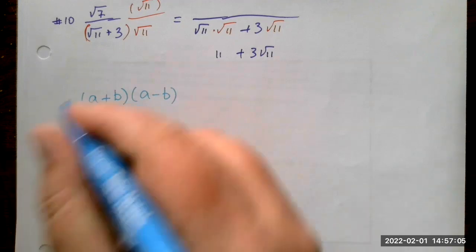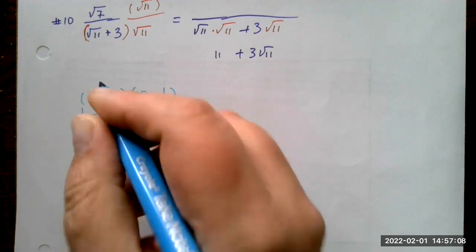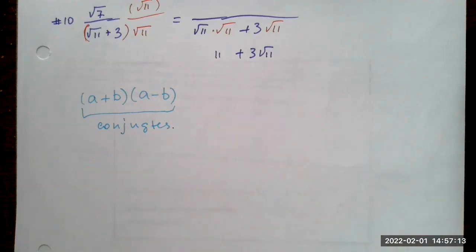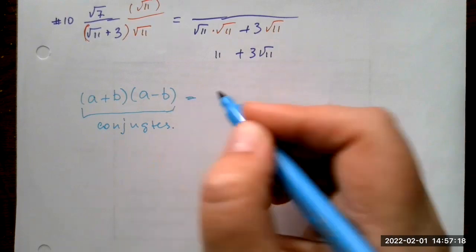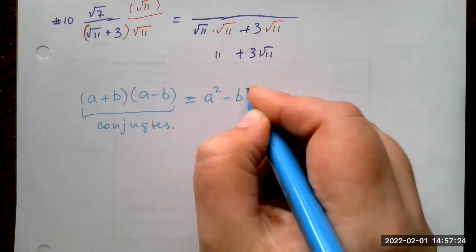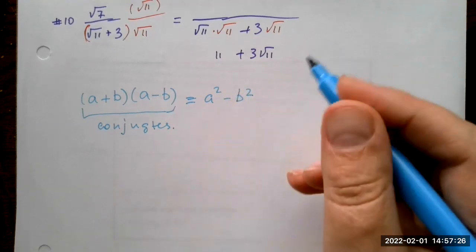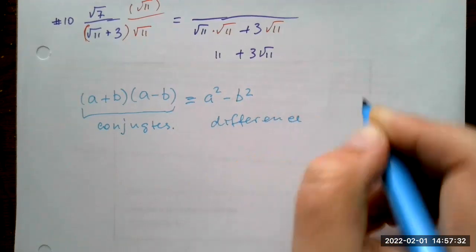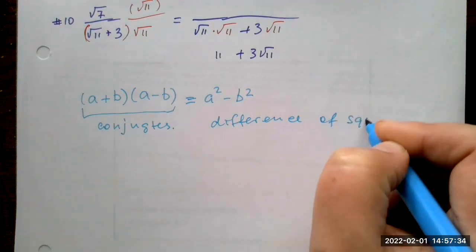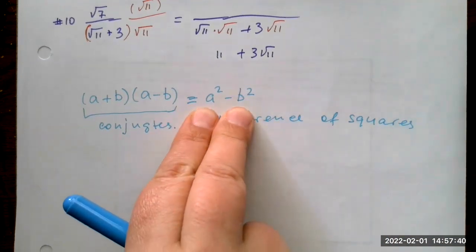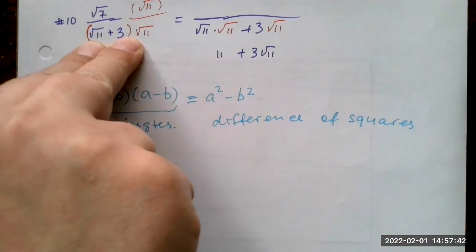Such binomials are called conjugates of each other. So what happens when you multiply two conjugates? You end up with a squared minus b squared. It's called the difference of squares formula. Everything gets squared, both numbers get squared. That would actually be very helpful here.